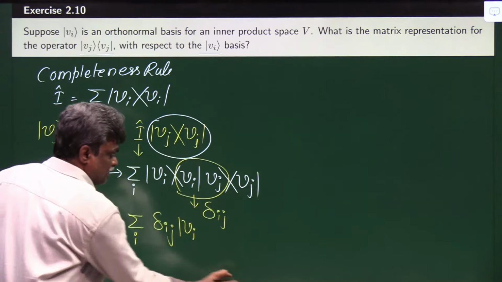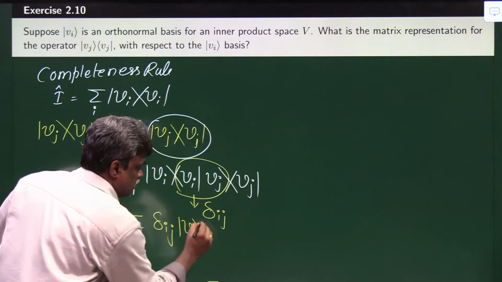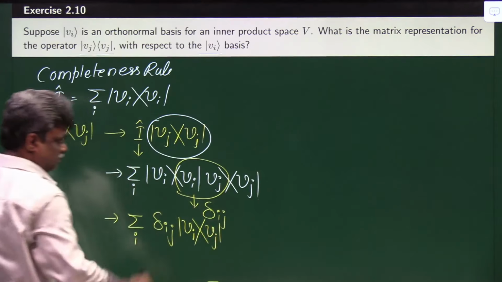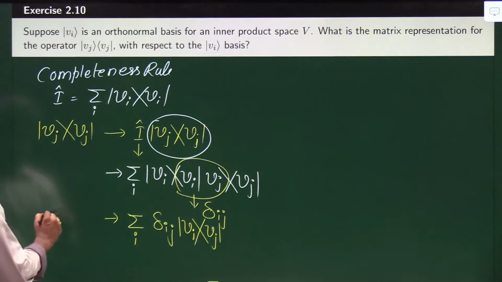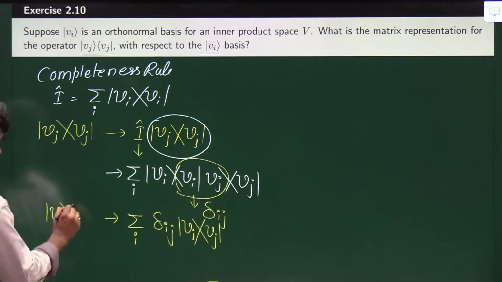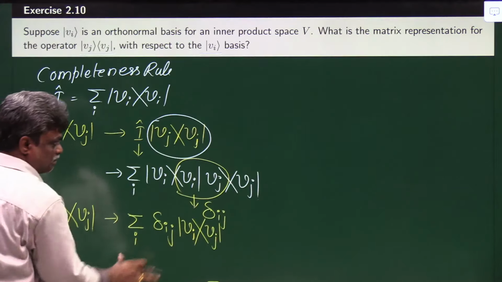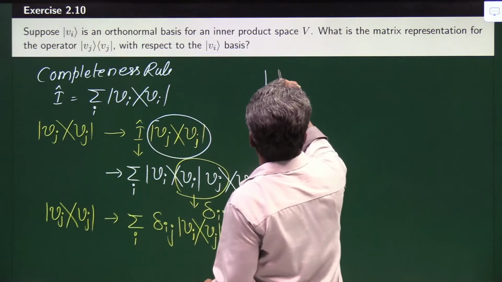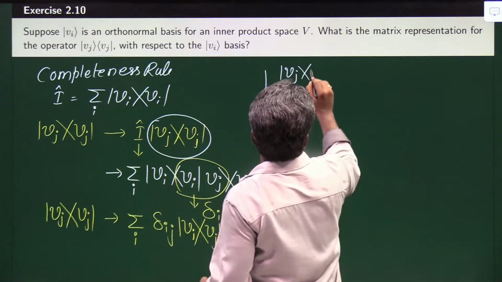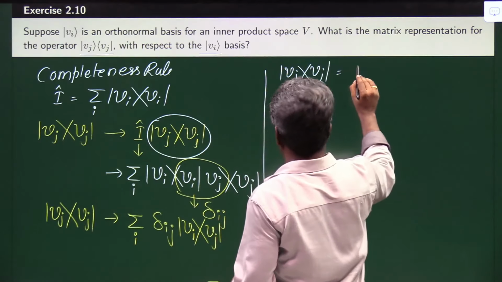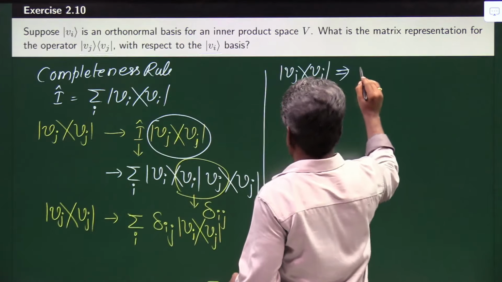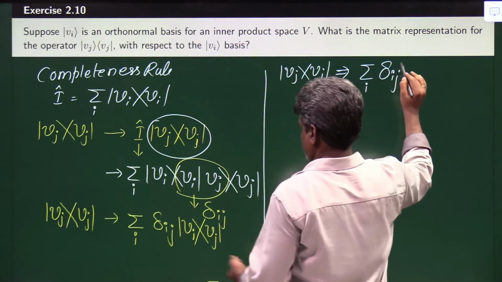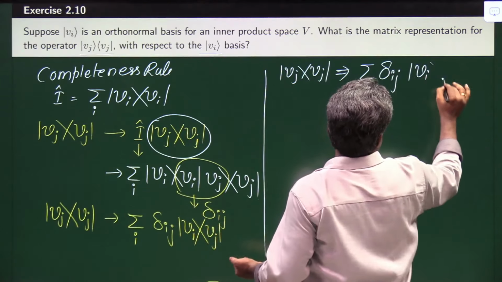This is |vi⟩, careful, and the remaining thing is ⟨vj|. So here we have written this |vj⟩⟨vj| outer product in this form. So what is the meaning of this? So finally, one more time I'm writing here: |vj⟩⟨vj| equals summation over i, delta ij, and this outer product |vi⟩⟨vj|.